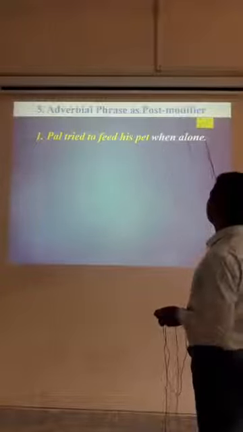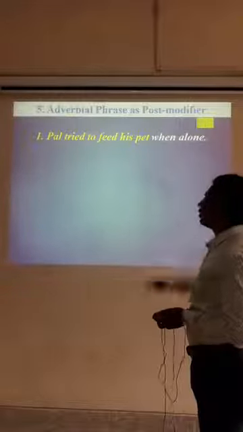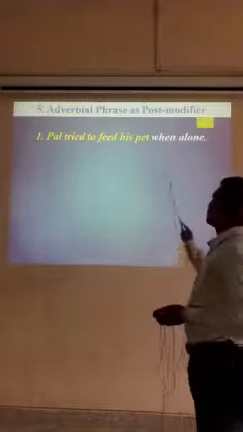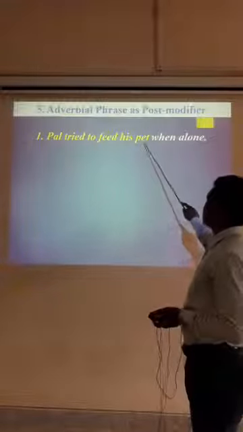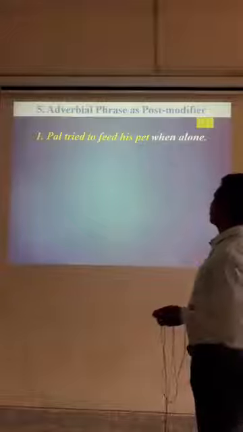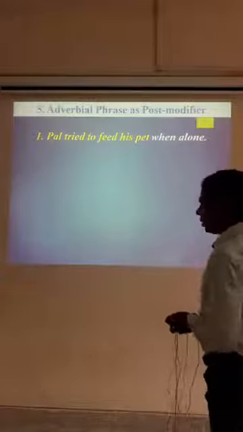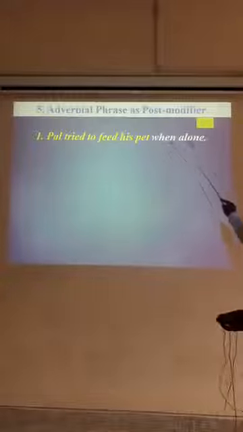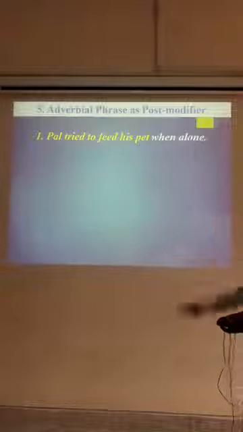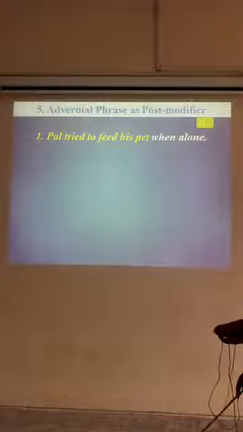"When alone" is a phrase. So it is used there as a phrase after the word pet. That is, the position of the pet has been displayed through this phrase. So it is an adverbial phrase, used here as post modifier.